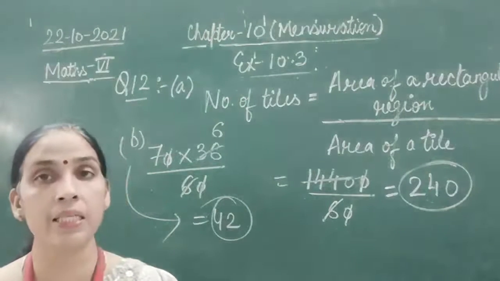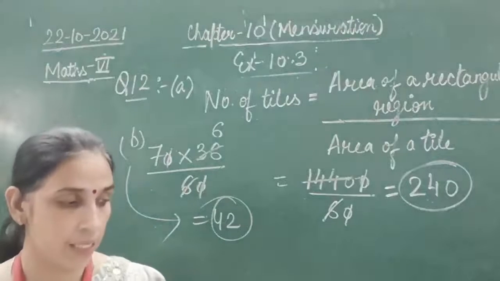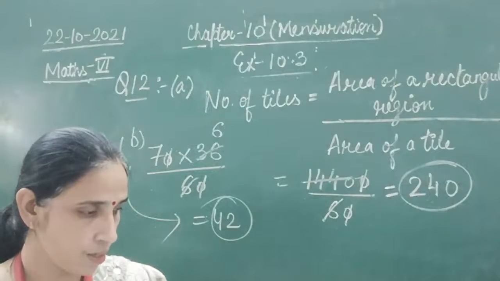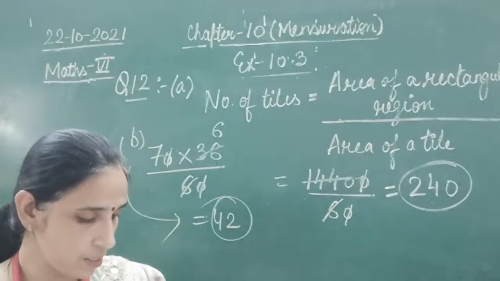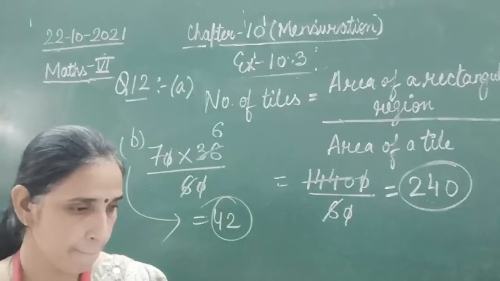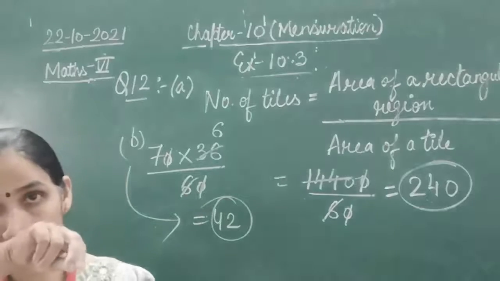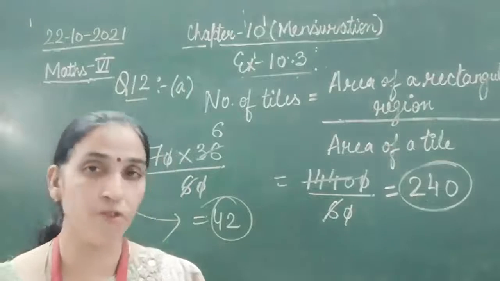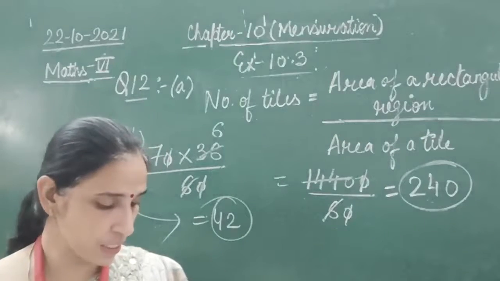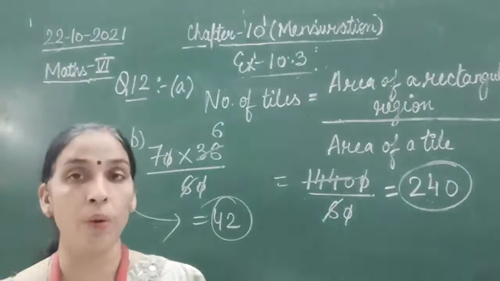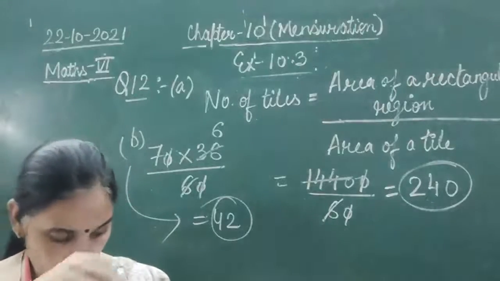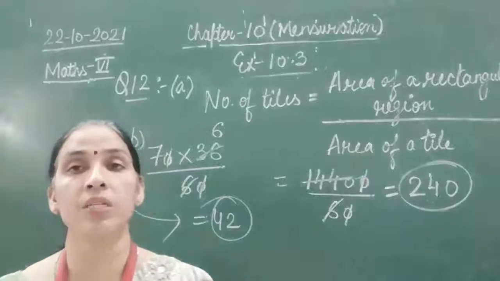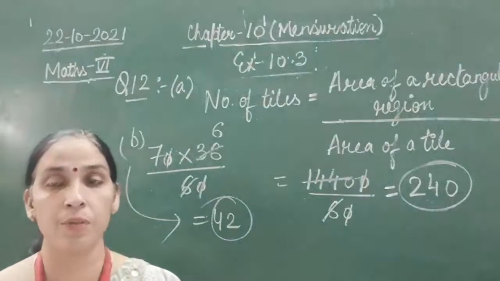Now what we have discussed yet in this whole chapter: first, perimeter is the distance which is covered along the boundary, forming a closed figure, when you go around the figure once. Then the perimeter of a rectangle, what is the formula? 2 multiplied by length plus breadth.